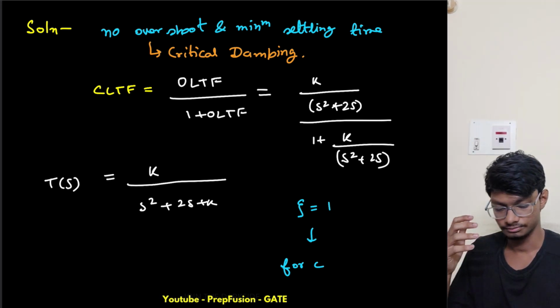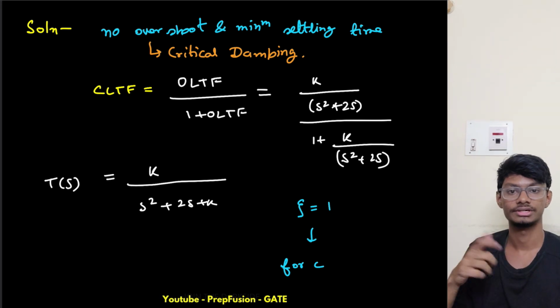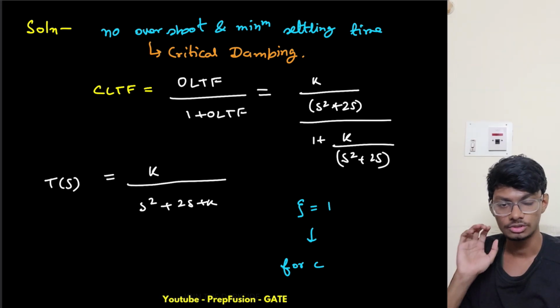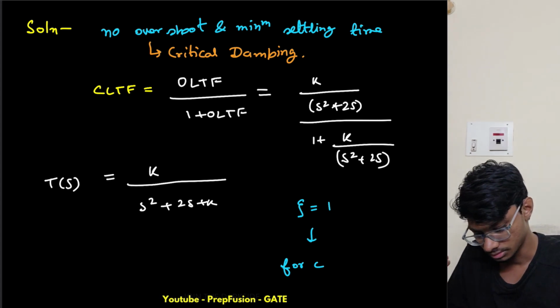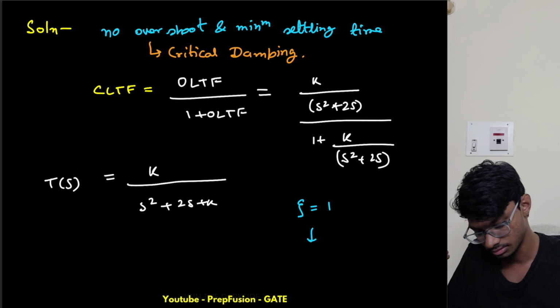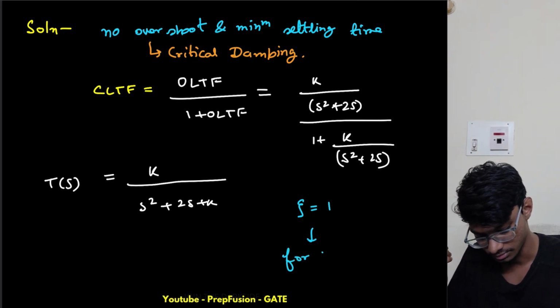Now for critical damping, what is the condition? My zeta should be equal to 1 only, right? So if my zeta is equal to 1, okay, I was writing this for critical damping.